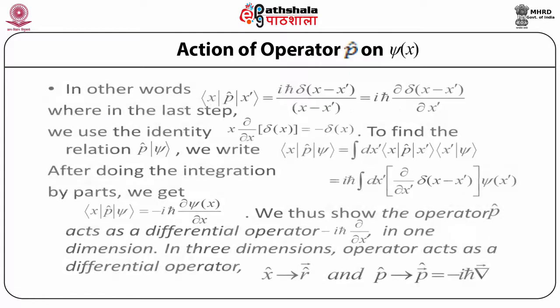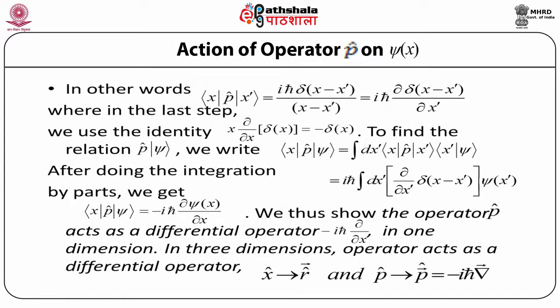Continuing from the previous equation, we can rewrite it as bra x, operator p, ket x prime is equal to iħ delta(x minus x prime) upon x minus x prime, which is equal to iħ del by del x prime of delta(x minus x prime), where in the last step we have used the identity x into del by del x of delta(x) is equal to minus delta(x).